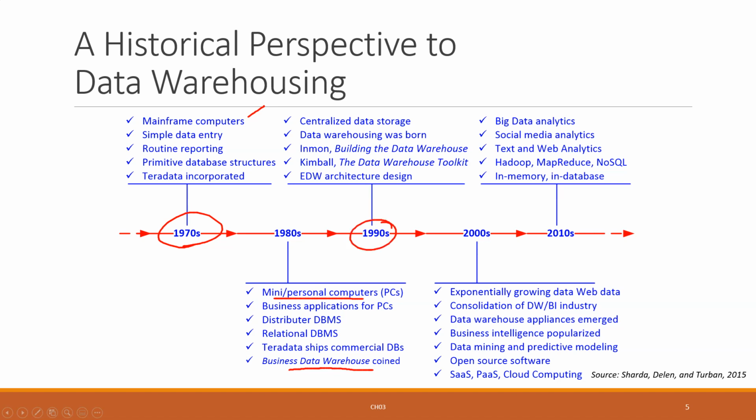But in the 90s, data warehousing became stronger, and this is really when they say it was born, because it was part of the enterprise organization, or EDW, Enterprise Data Warehouse. This was the pivotal moment where data warehousing became strong in today's businesses.